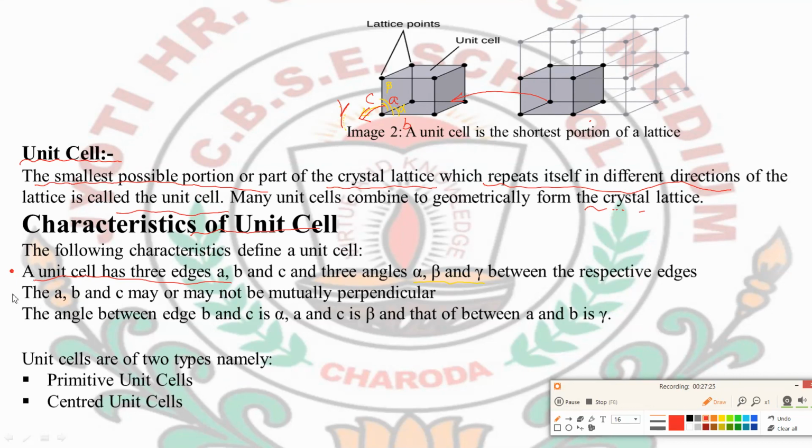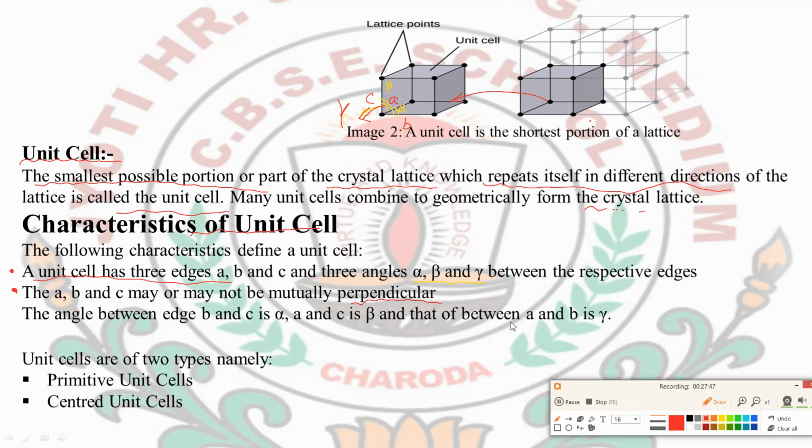The edge lengths A, B, and C may or may not be mutually perpendicular. In different types of unit cells, it is not necessary that these three edges will be mutually perpendicular in all conditions.